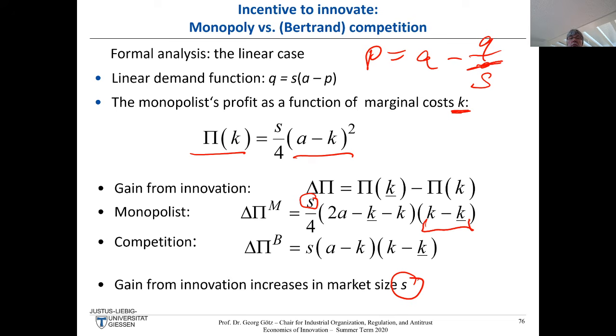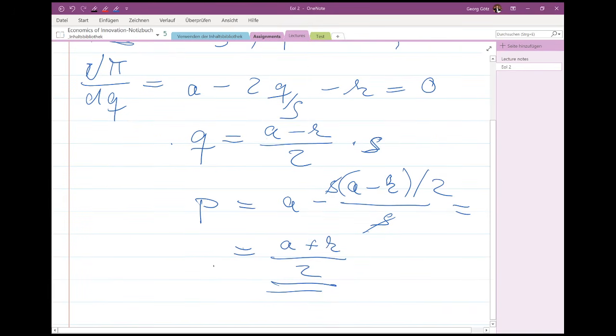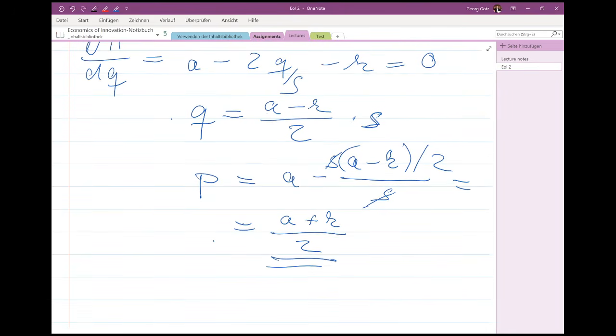Someone asked me to put up the equation once again. Actually, if you open your OneNote notebook and the course notebook, which you see here, it's the Economics of Innovation notebook in the lectures part, it should be visible to you.